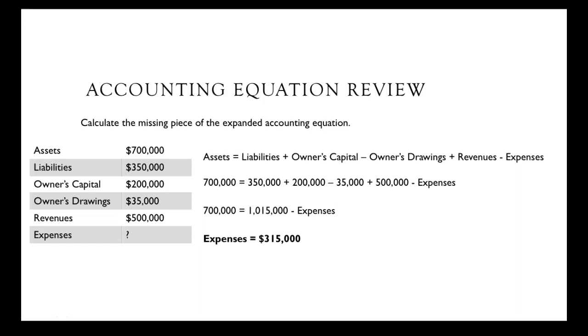So you can use this expanded accounting equation in a way that's similar to your basic accounting equation if you're trying to find these missing pieces. Right? We just plugged in everything that we knew and then just solved for the unknown.